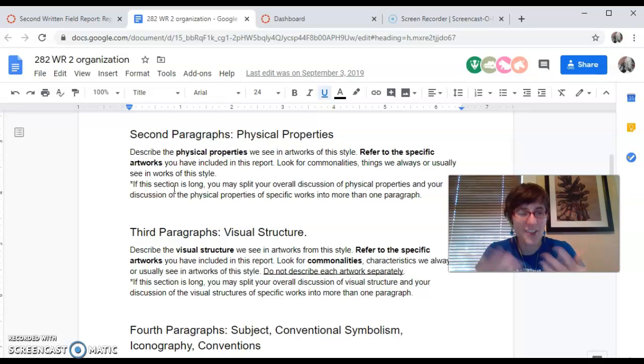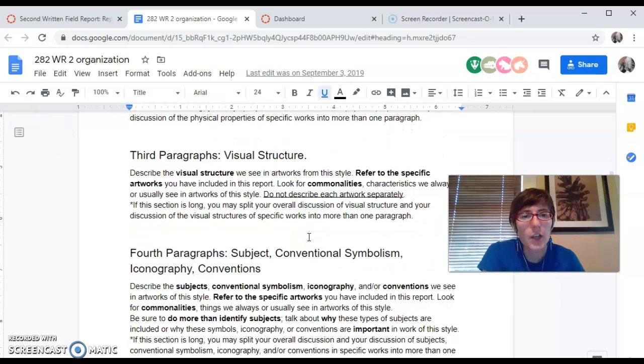What is a characteristic that helps us identify the style? So if these are really big or really small, if these are portable, if these are made with a particular form, those sorts of things. Please do not just list all of the sizes. That makes for really boring reading, and it doesn't show me that you understand what they have in common as far as size.